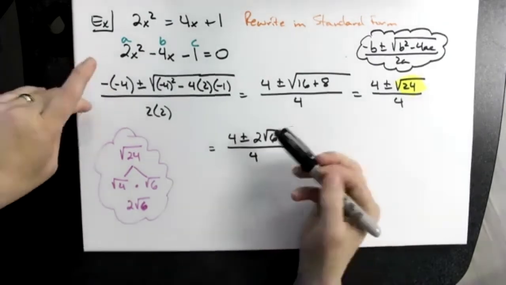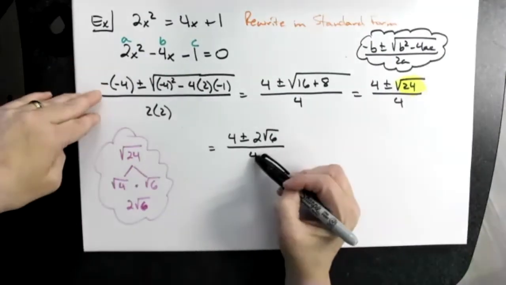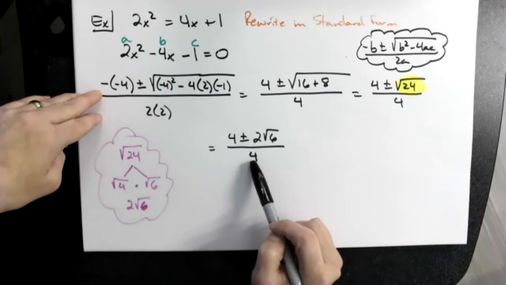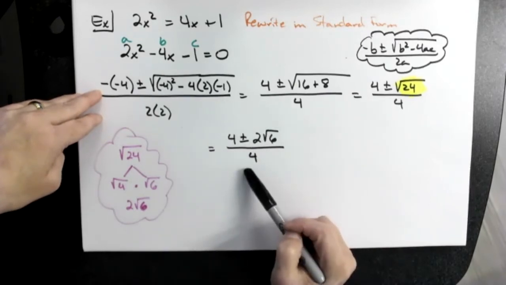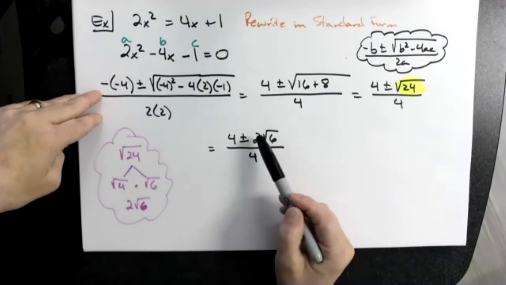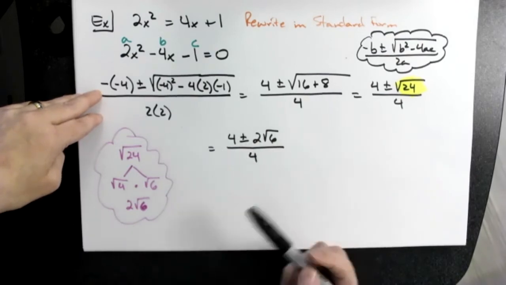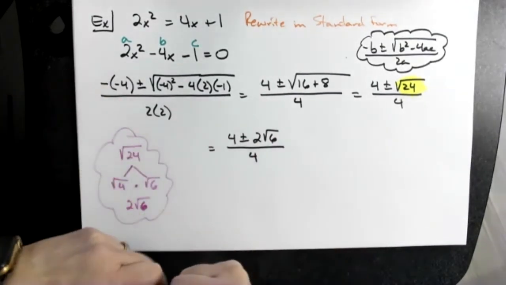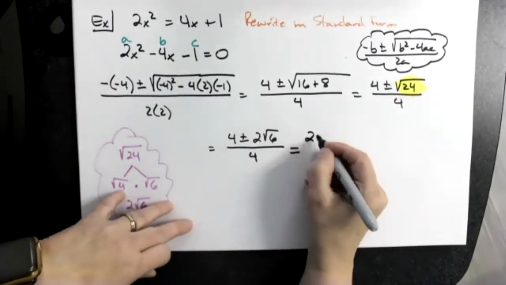But if you get in that bad habit, maybe this number and this number will cross out, but this number won't, and you'll still go ahead and cross those two out. And that's an illegal move. Or maybe this number and this number will cross out, but this won't. So if you get in the habit of just crossing things out, you are going to screw up. So take out a greatest common factor on that top, which is going to be a 2.